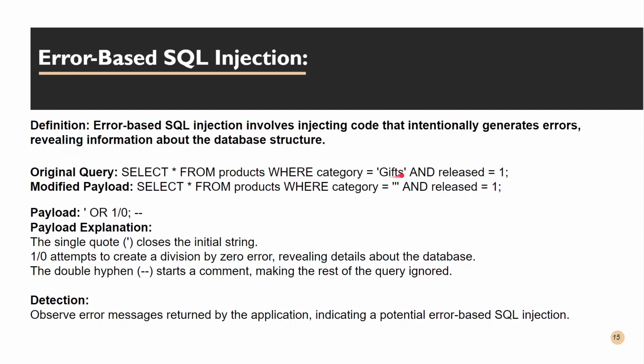So instead of entering gift, an attacker will just enter a single quote within the quote that we have here and the other part of the query. And this can cause the application to generate an error message on the screen, which is going to reveal the structure of the database, including the type of server being used by the database. Now let's take a look at another type of payload that we have. We can also inject a single quote or 1 divided by 0.